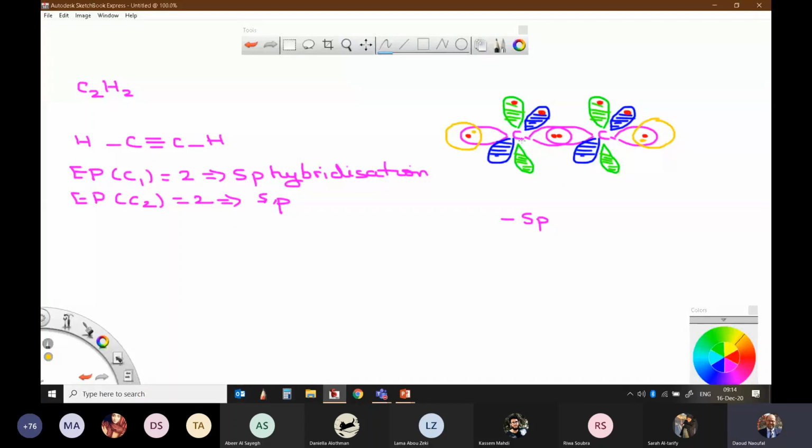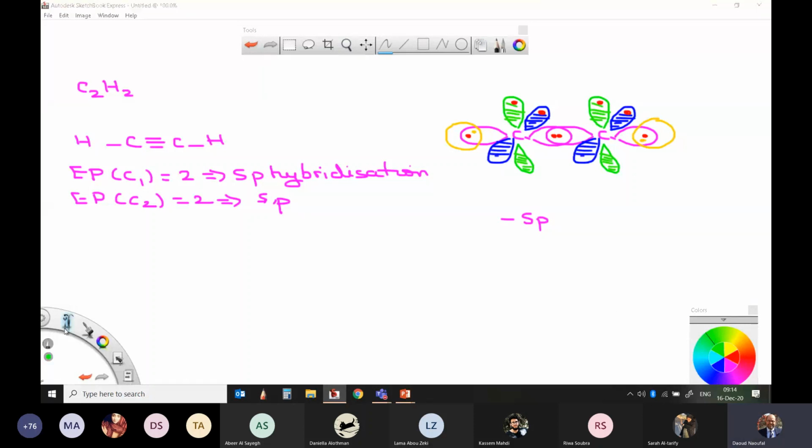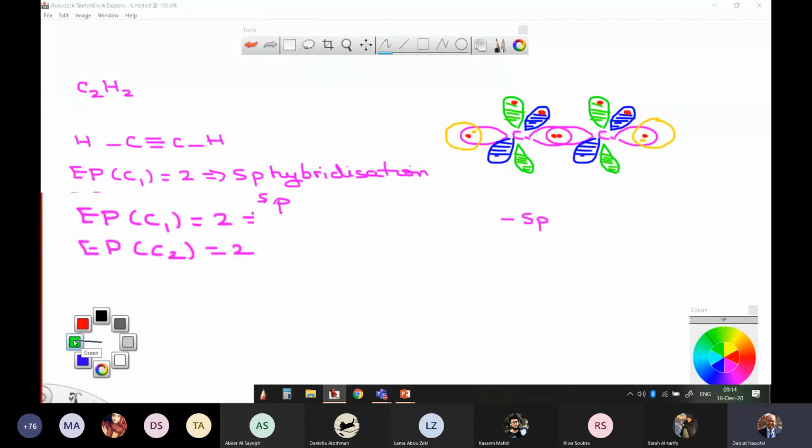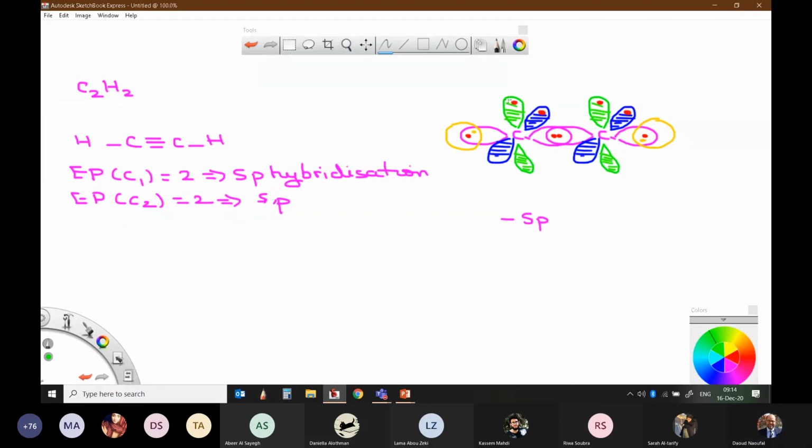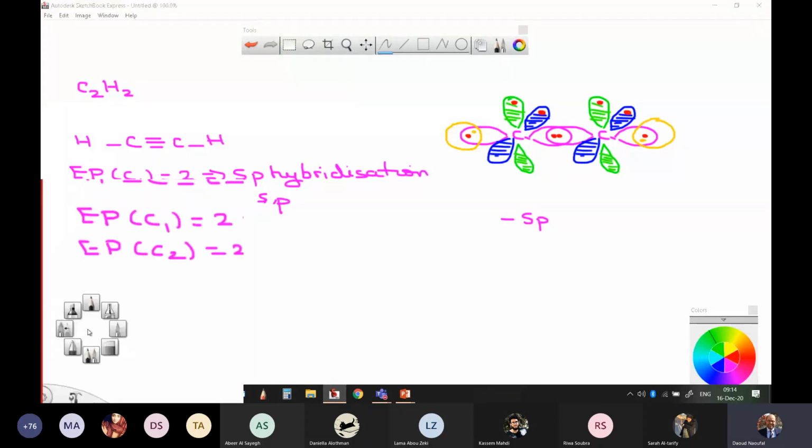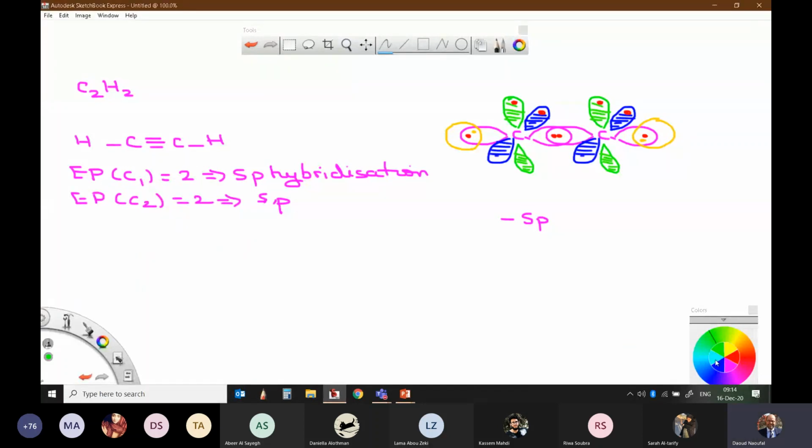So the first carbon should do another 2 bonds, and this is the same for the second carbon. So what would happen between P of the first and P of the second? This is the first bond, and we will have also a bond between P of carbon and P of carbon. So this is a pi bond.